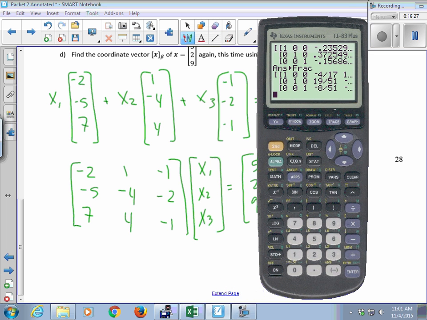All right, so my inverse matrix is ugly.